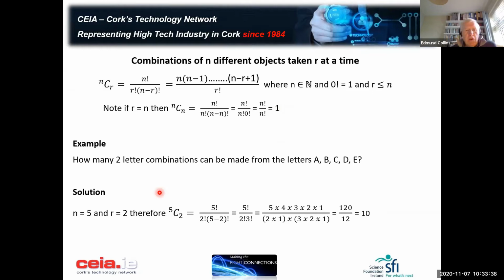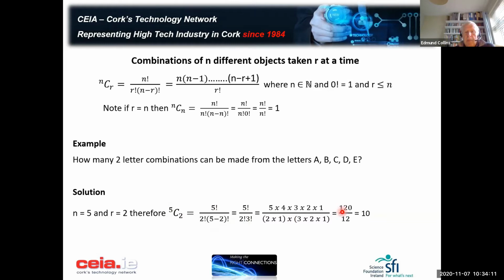So here's another example. We're going to use the same 5 letters and pick 2 of them. How many 2-letter combinations can be made from the letters A, B, C, D, and E? Again, we plug in n equals 5, r equals 2, so we have the 5C2 situation. It's factorial 5 divided by factorial 2 multiplied by factorial 5 minus 2, and I've worked it out there.